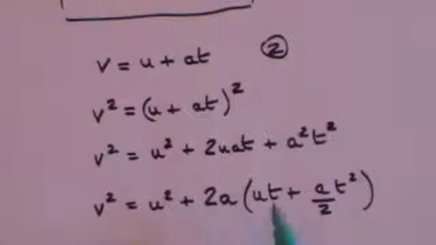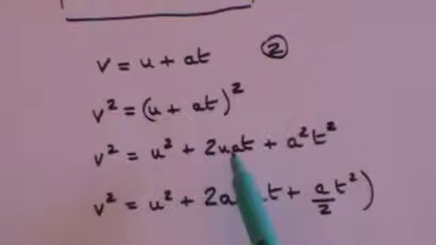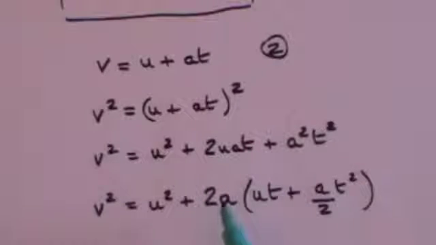Because when I multiply 2a by ut, I get 2uat. And when I multiply 2a by at squared over 2, the 2's will cancel, a times a is a squared, and here's the t squared.